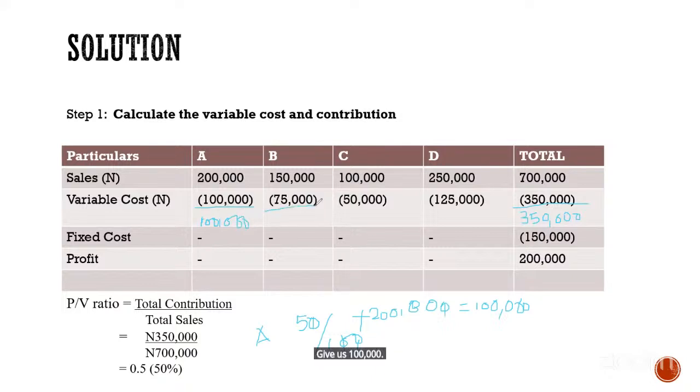This will give us 75. If you do it individually, it will still give you the same thing. This will give us 50,000. This will give us 125,000.